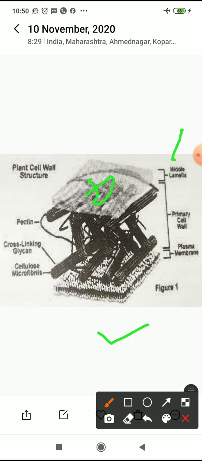And the dark portion shown here is a primary cell wall, which is having the cellulose microfibrils and cross-linking glycans.